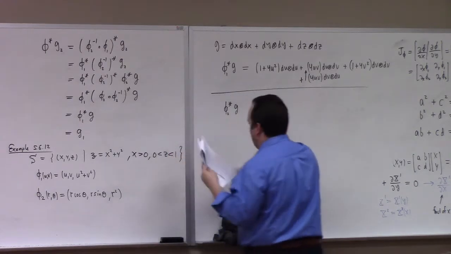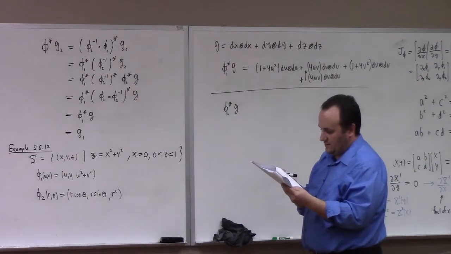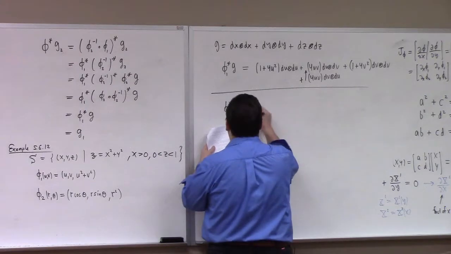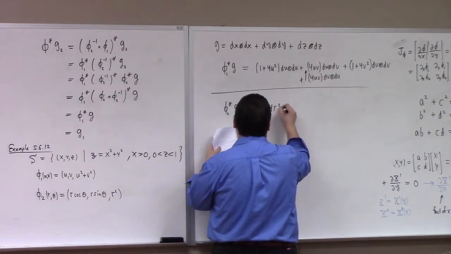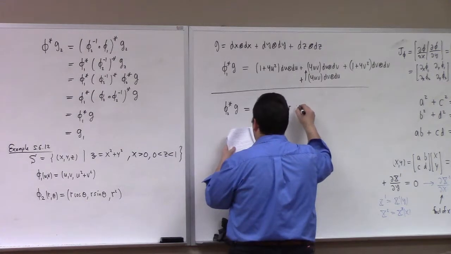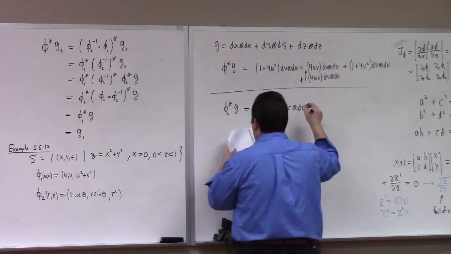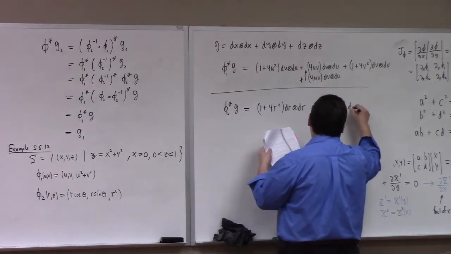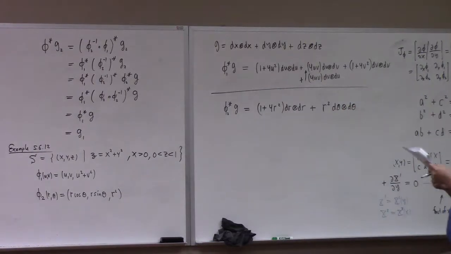Pullback of this one, he works it out in here, and he gets the following: 1 plus 4r squared dr tensor dr plus r squared d theta tensor d theta. Now, I got to tell you guys, I just feel silly having spent the time we did to calculate the Christoffel symbols for the UV one, when I could just as well have used polar coordinates, which describe the same geometry.